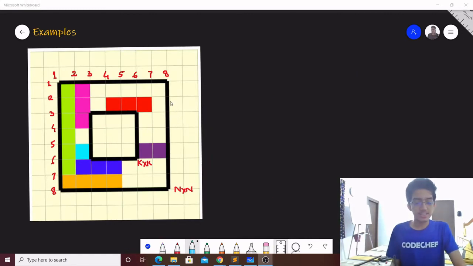Let's look at the example given in the question. If we try to shoot an arrow from here, this blue snake is protected. If we try shooting the arrow from here, the purple snake is protected. If we shoot an arrow from here, the green snake is protected.